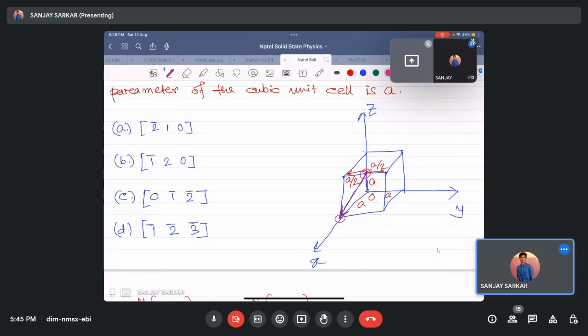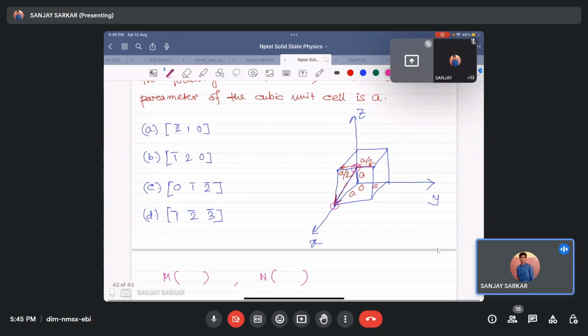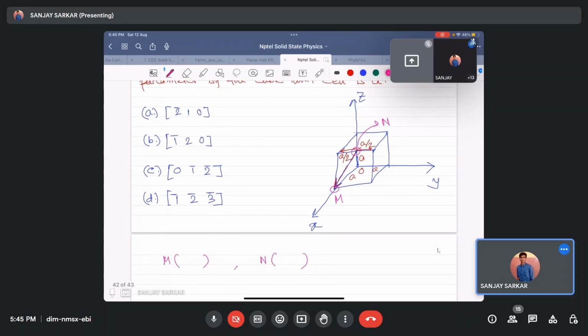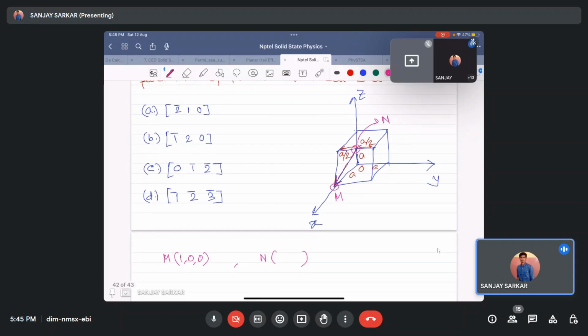To find the coordinates of m, m is along the x direction, right? Let me see the question again. Yeah, it is along the x direction, so it will be 1 0 0. It is easy. Now to find the coordinates of n, you need to go one unit of x, 1 unit of z, and half unit of y.